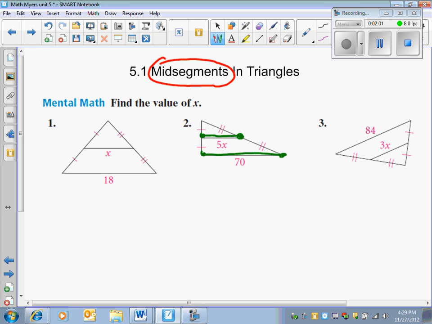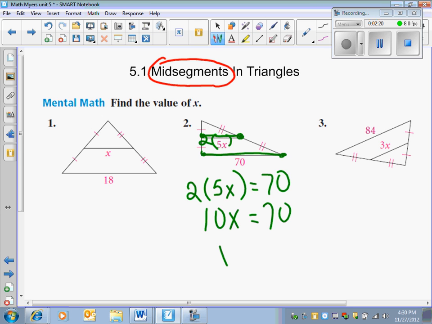When I identify the mid-segment, I grab it up with parentheses and put a 2 in front of it because I need two mid-segments just to equal one of that third side. So 2 times 5x is 10x, and 10x is equal to 70, and x is equal to 7. It said to find the value of x, so I'm done.